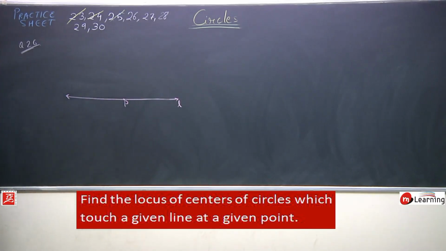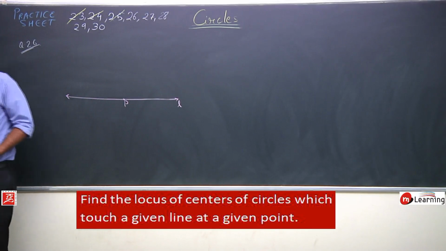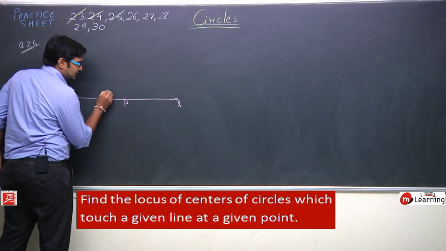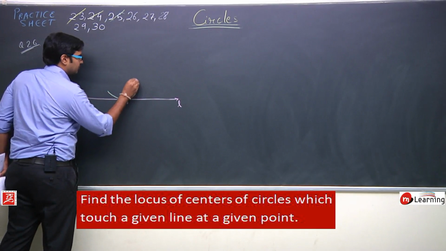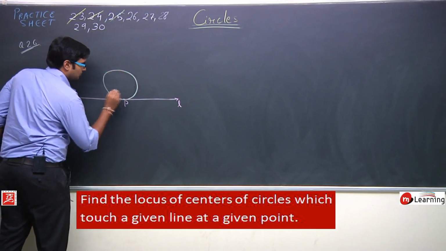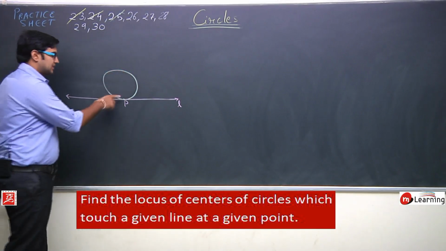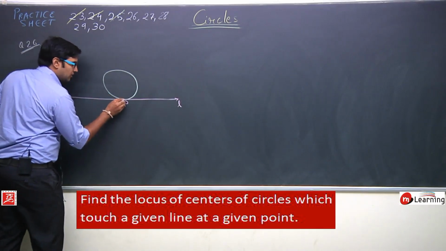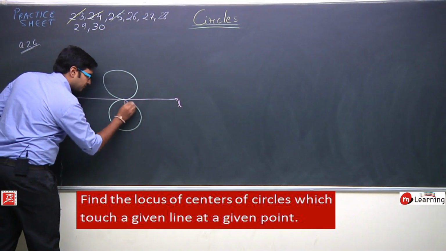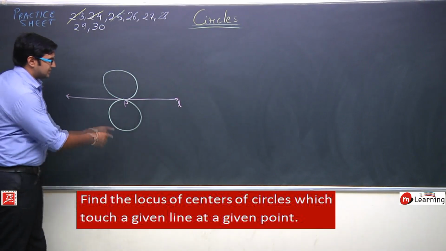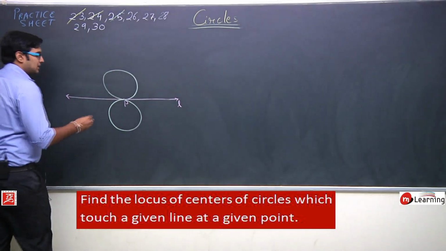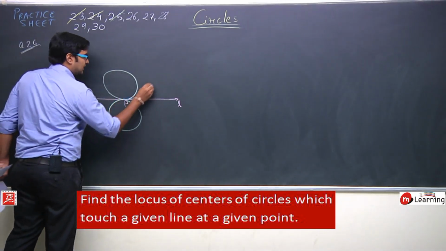So how to draw circles which touch this particular point P? Let a circle be something like this. This is a circle which touches this point P. In similar manner, can I draw one more circle like this? This is also a circle which touches this particular point P. Again in similar manner, can I draw one more circle like this?